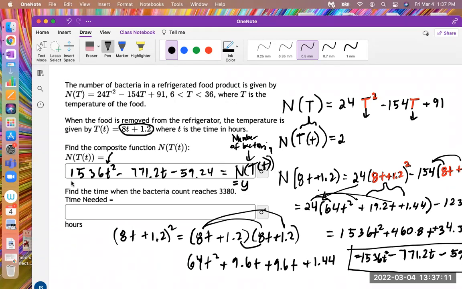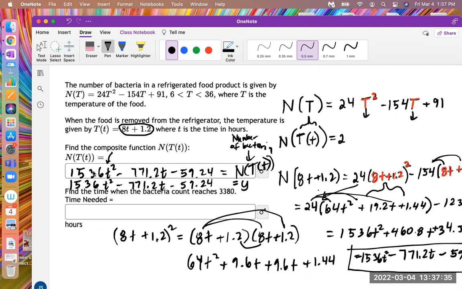So when we have an equation and they ask for a particular value, they love to have us plug in for either the independent variable, which is what the equation is in terms of.